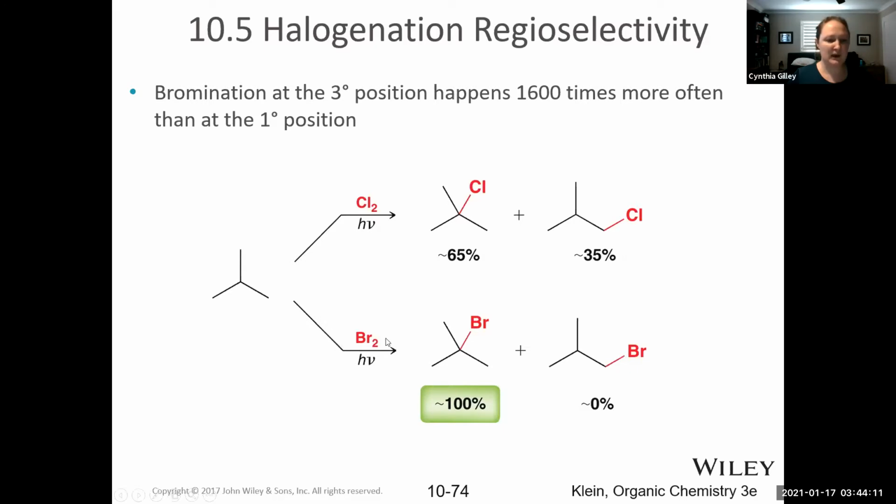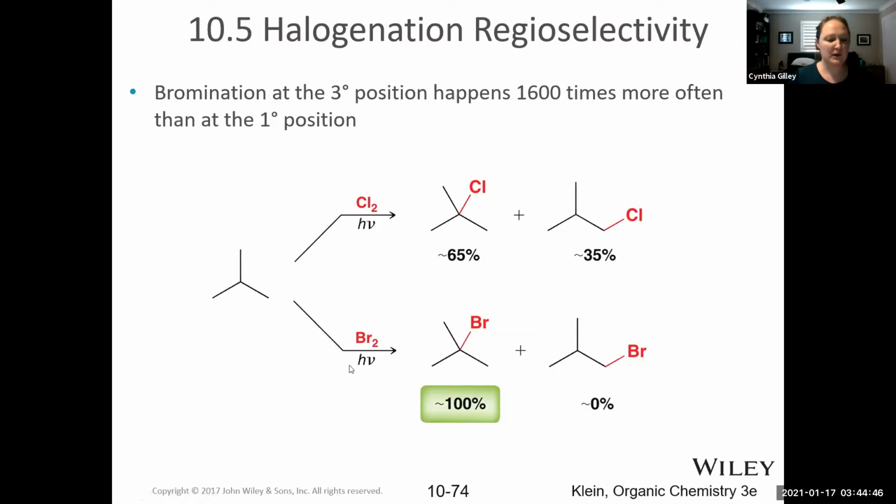You have to do a radical halogenation reaction from chapter 10, because there are no other reactions of alkanes other than combustion, which is not helpful for organic chemists. It's only helpful if you're trying to drive a car, for example. But in order to functionalize this, you only have one choice, and that is to use a radical halogenation. So when you're tackling multi-step synthesis problems and you see the reactant is an alkane, just draw this set of reagents in. It's the only thing you can do.